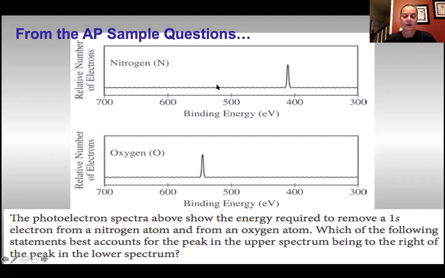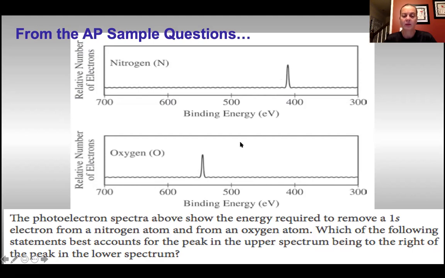So let's take a look at our scale. We know that to the right in this particular scale means less binding energy. Okay, so a lower ionization energy for this 1s electron than for this 1s electron. How would we explain that there's a lower energy to remove this 1s than this 1s?